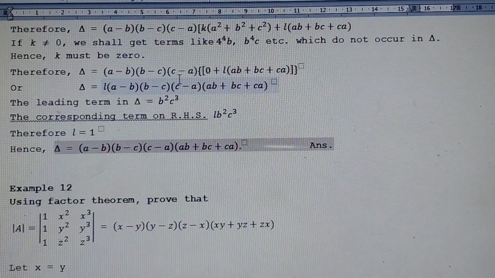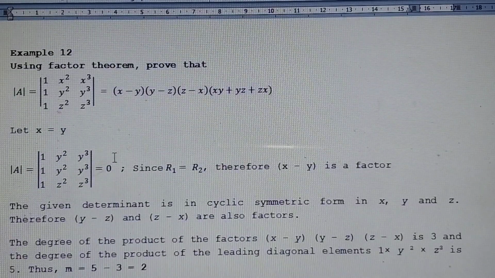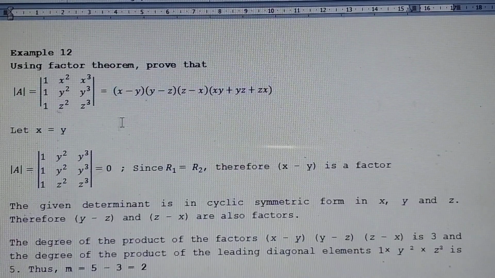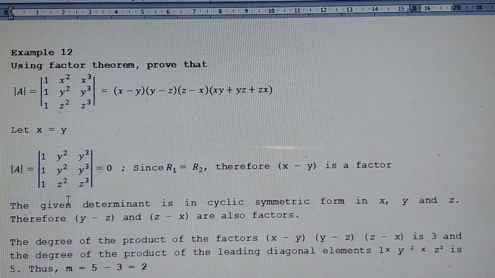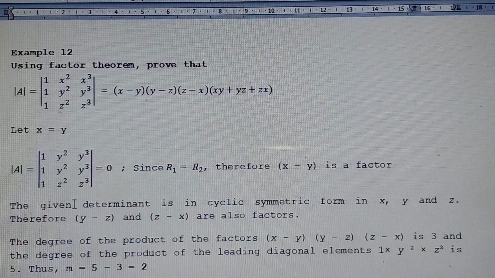Yung example number 12. Ayun, using factor theorem, prove that itong left hand side ay equal dito sa right hand side. So, let us x is equals y. So, dito na din natin kinukuha yun. So, kapag pinalta natin yung x ng y lahat, nagkakaroon ulit siya ng identical row.